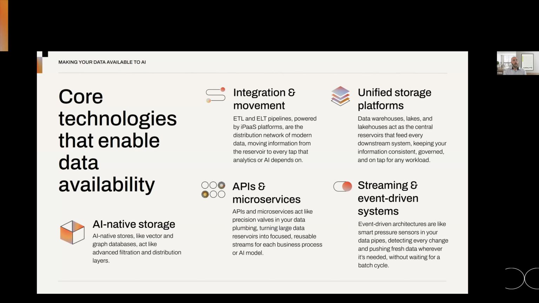First off, when we think about that unified storage platform conversation, I think it's important to understand that we ought to create these for the right use case.